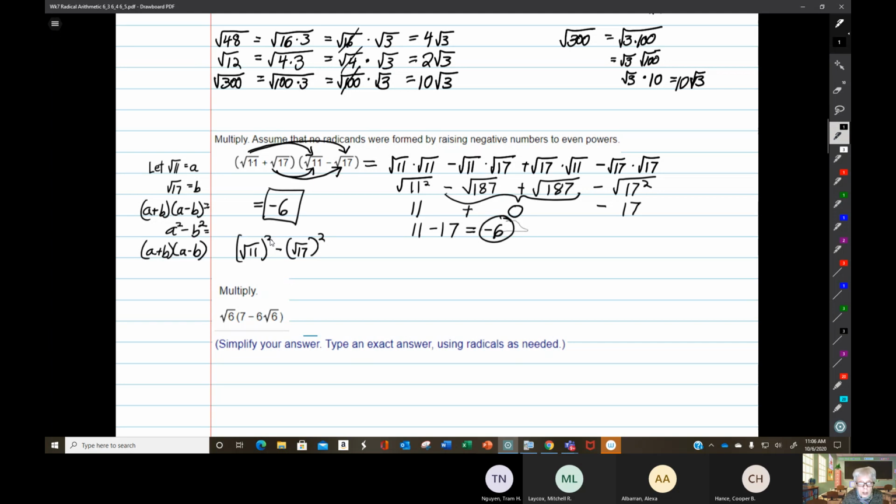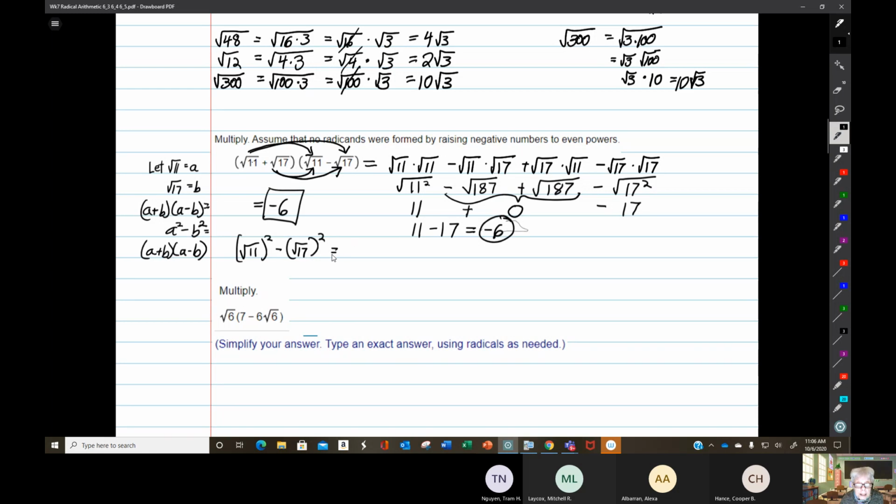Well, when you square a square root, you get what's underneath. Since they're positive numbers. 11 is positive, 17 is positive. Yes, there's a minus sign between them, but that cannot affect a number under a radical.